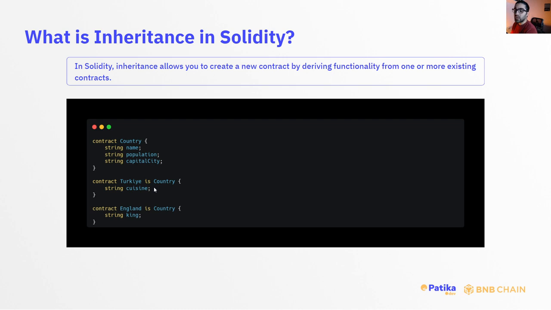And when I want to add something specific to Turkey, for example like cuisine, I can still add it. So when it comes to, for example, the England contract, I still have name, population, and capital city attributes since I said England is country. But let's say something specific to England, like king, and I can also add it afterwards.